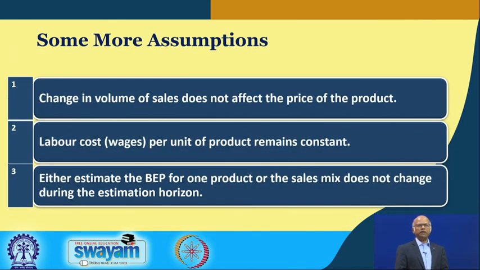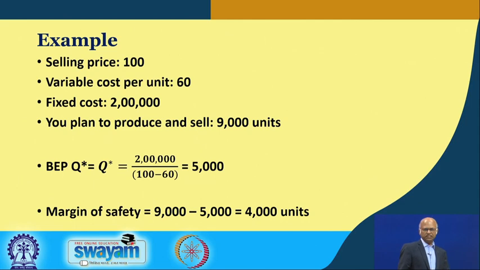So no inventory build up. Change in volume of sales does not affect the price. As I said, there is no economy of scale. There is, but we do not consider it here. Labor cost per unit remains constant. Either estimate the BEP for one product, or the sales mix does not change, as we discussed earlier. If you are producing multiple products and the product mix is changing dynamically, then it is very difficult to estimate. So here is the same example extended for margin of safety.